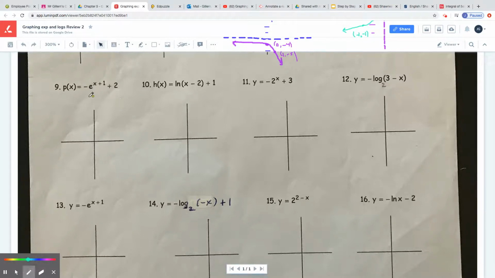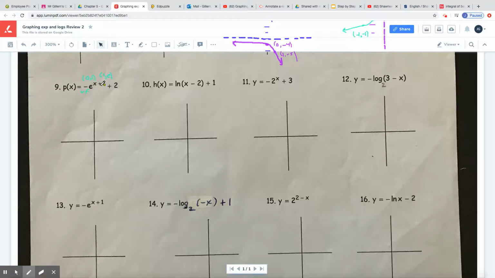All right, so we have an exponential here. We have an E. And so our point would be, with an exponential, 0, 1 is always a point. And we always then have 1 comma your base, which is E. We have a vertical flip going on here.